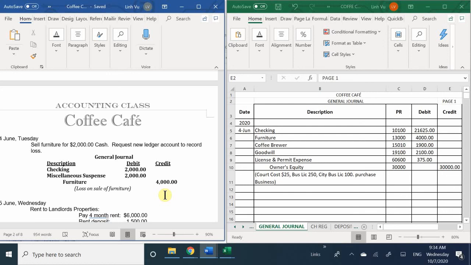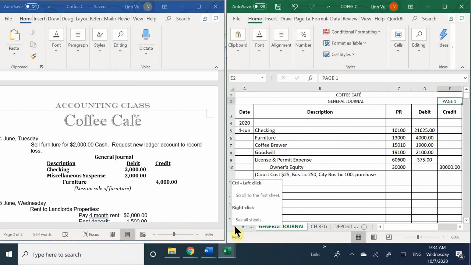However, we cannot change the value of the furniture. So because we are taking away from our entire furniture amount, we need to credit it by 4,000. So again, we debit it because we have it. Now that we don't have it because we sold it, we got rid of it, we need to credit the account.